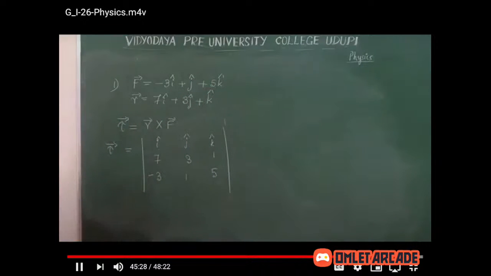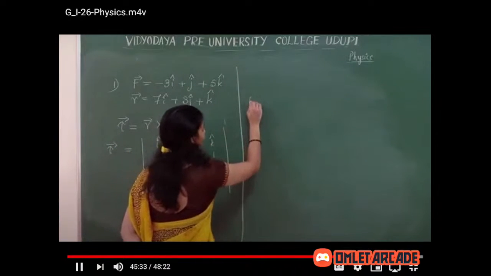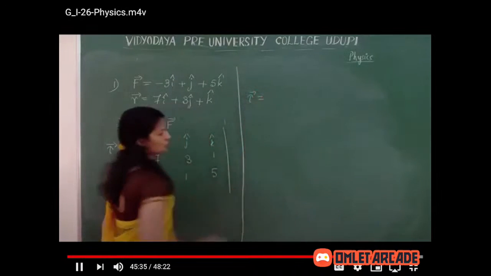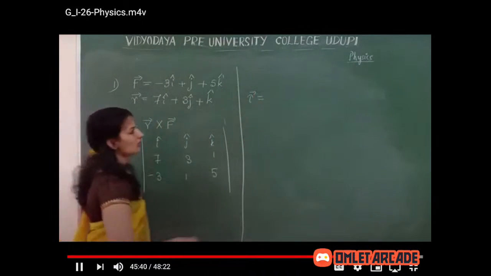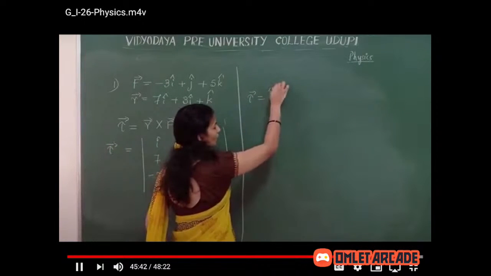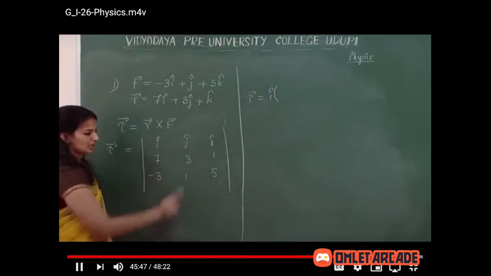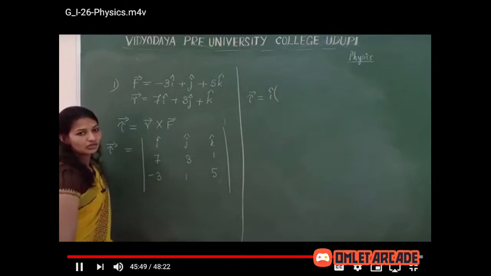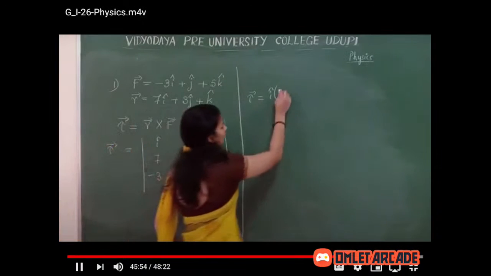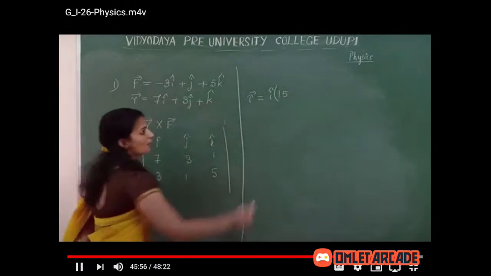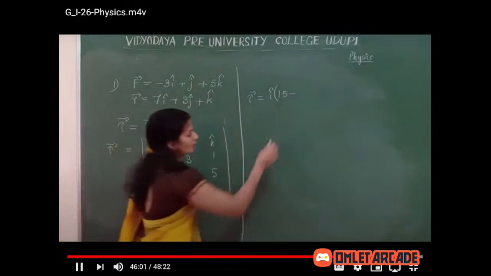Then we have to find the cross product of this. How? Tau is equal to, first we find the coefficient of i cap, so neglect this column. The remaining is 3, 1, 1, 5. 3 into 5 is 15, minus 1 into 1 is 1.